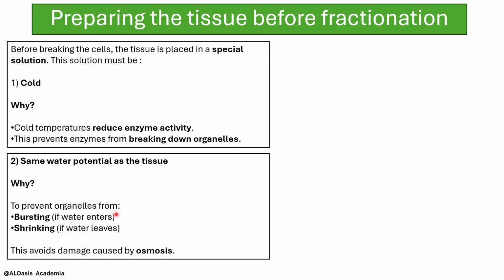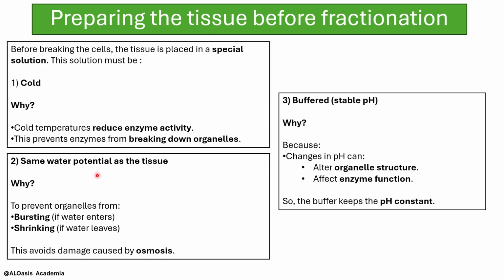Bursting the cells means we lose all the organelles and they are damaged. The other case is if the water potential inside the cell is higher than outside. Then water will move out of the cell through osmosis into the special solution, and this will result in the cell shrinking and damaging the organelles inside. So the second important point is to have the same water potential as the tissue.